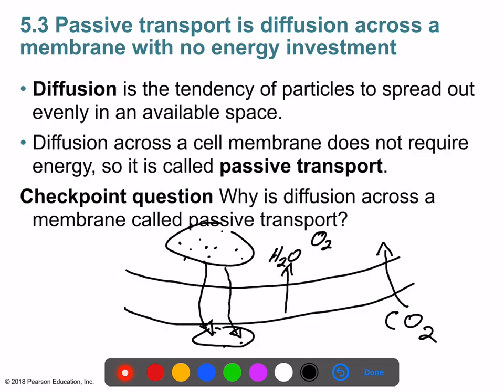In fact, water can go back and forth depending on the situation. Sometimes we have more water than we need, other times there's not enough water. Regardless of the case, water is constantly sloshing back and forth through membranes depending on the situation.